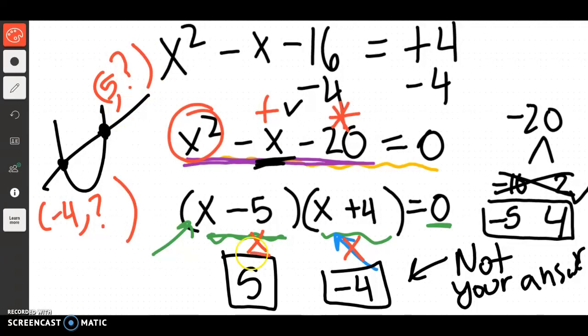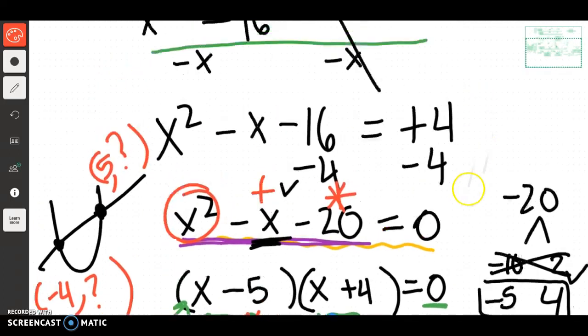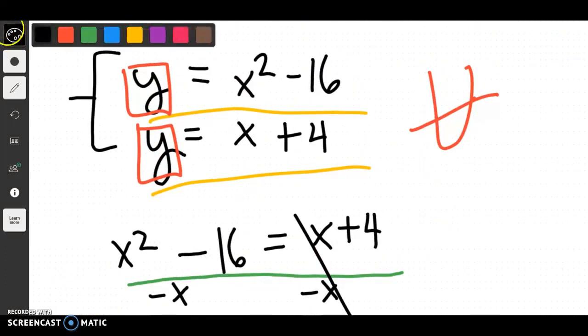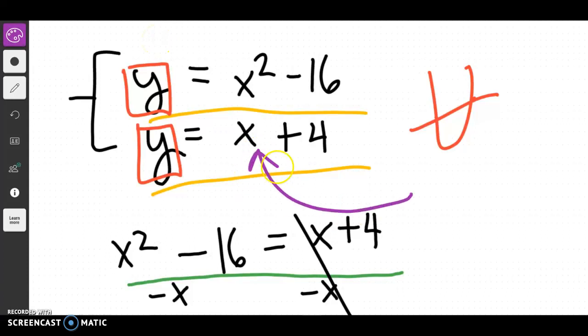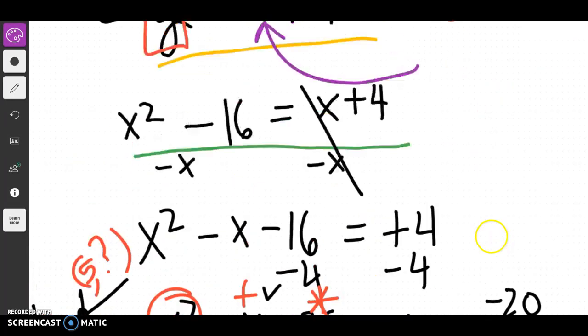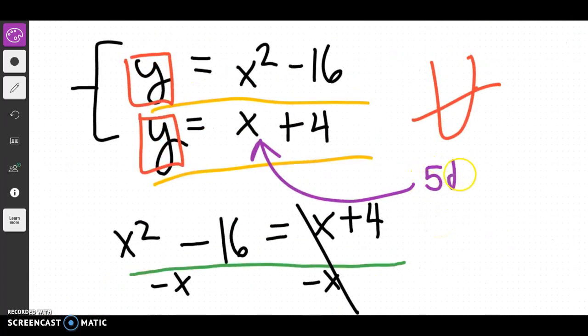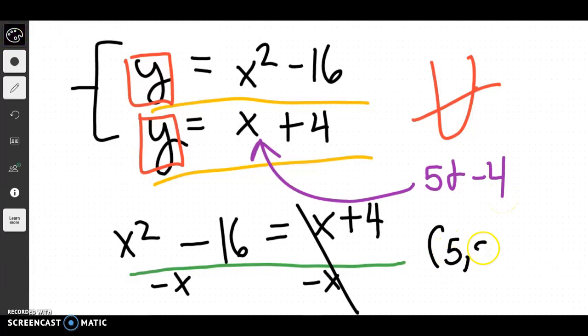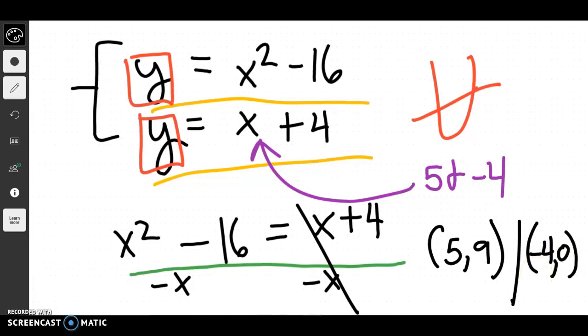We would find our y values by taking this x value and plugging it back into either of these two equations. So we need to plug in our two answers, which were 5 and negative 4, into there. And when we do that, when we plug in 5, we would get 5, 9 as one of our answers. And for the other one, we would get negative 4, 0. And that would be our answers for this problem.